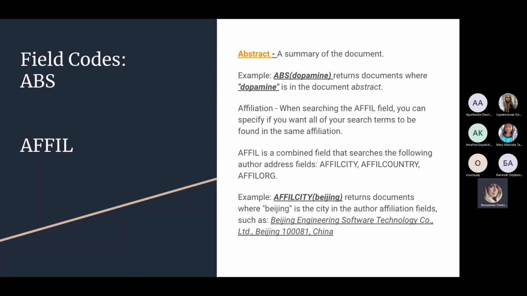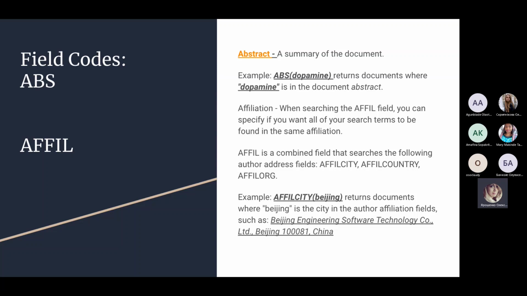Affiliation is combined with other field codes such as AFFILCITY, affiliation city, AFFILCOUNTRY, affiliation country, and AFFILORG, affiliation organization. For example, to search for dopamine from all the scholars from Kyiv, we will use the affiliation city.